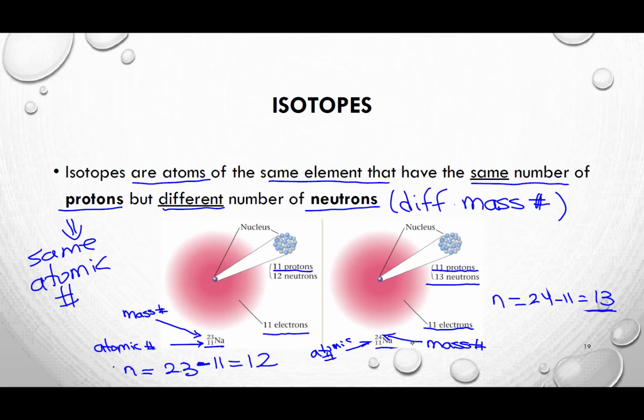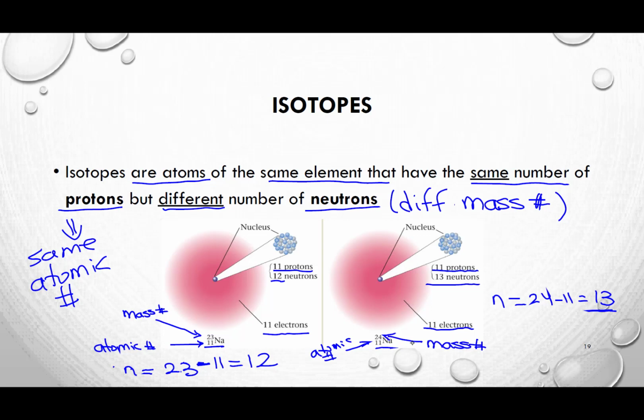The number of protons is the same, both 11. It's the number of neutrons that changes. Sodium with mass number 23 has 12 neutrons. Sodium with mass number 24 has 13 neutrons. That's the definition of isotopes.